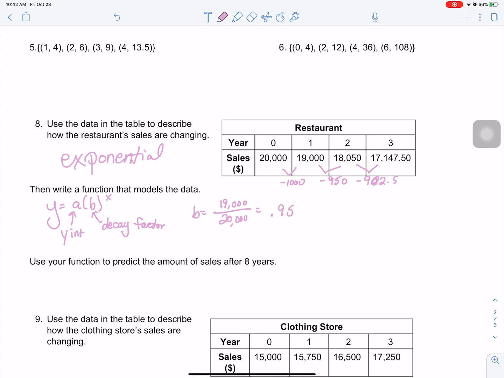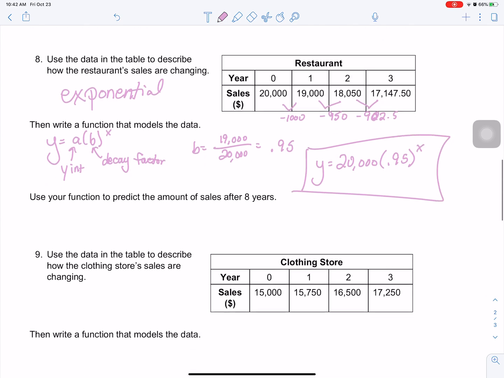And then I like to test it. I'm going to put 20,000 in my calculator and do times 0.95. And then do times 0.95. And again, just to make sure all my numbers match up. So y equals 20,000 times 0.95 to the power of x. So that would be my equation written in exponential form.